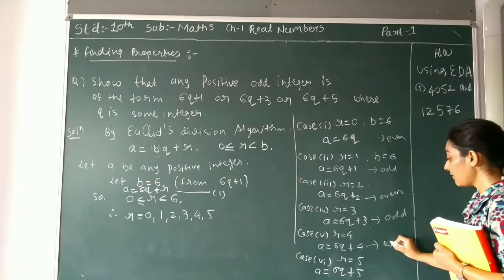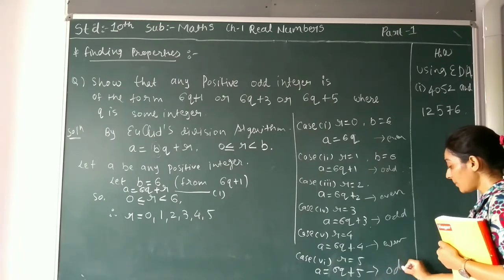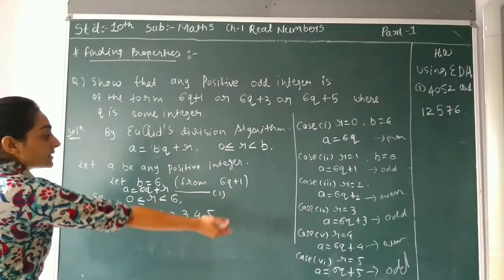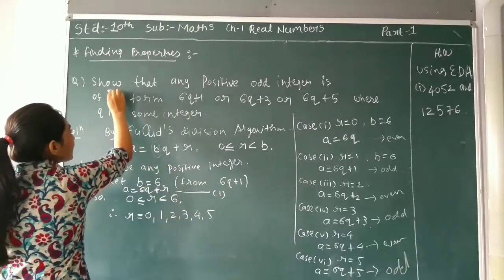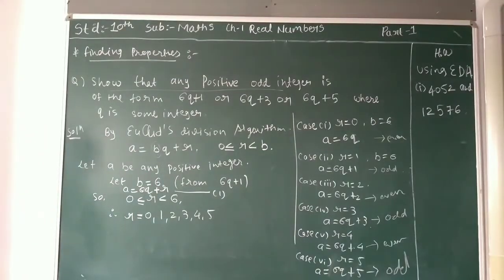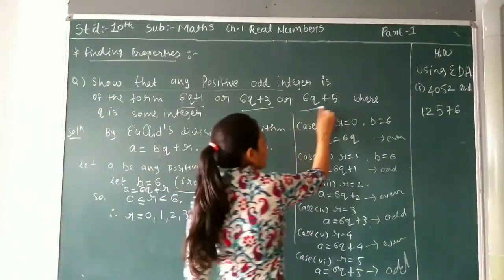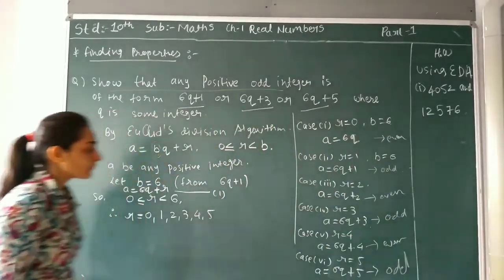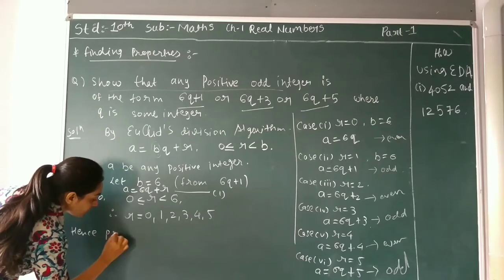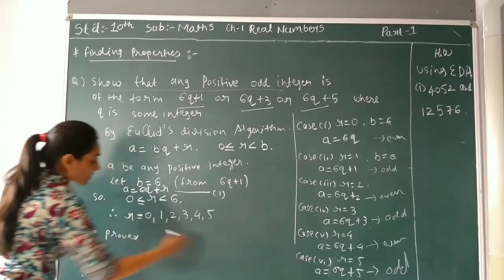Again I am getting an even number over here. In the last case I am getting an odd number. Hence proved: any positive odd integer is in the form 6q plus 1, 6q plus 3 or 6q plus 5. After this you have to write this.